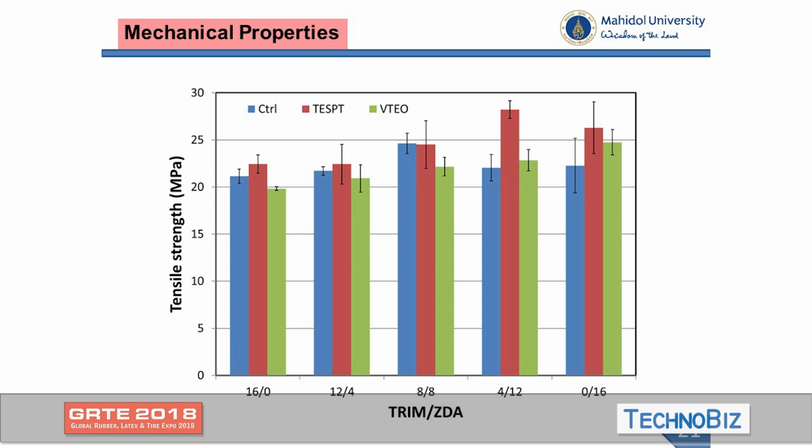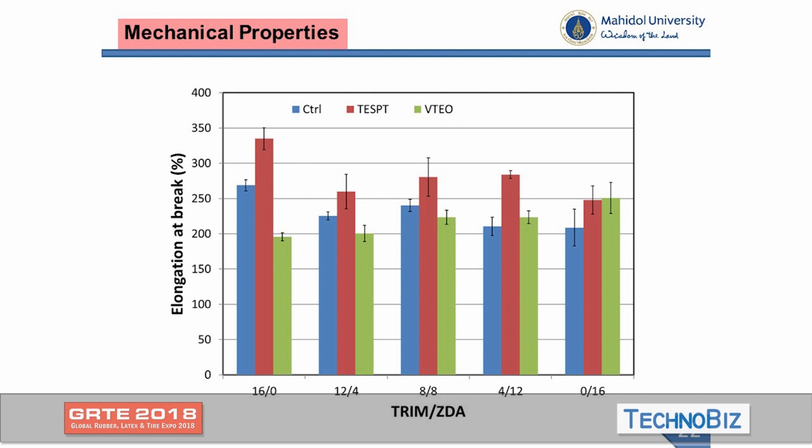So this slide shows the tensile strength results of the vulcanizates. And it can be seen that the system modified with TESPT silane shows the highest magnitude of the tensile strength.